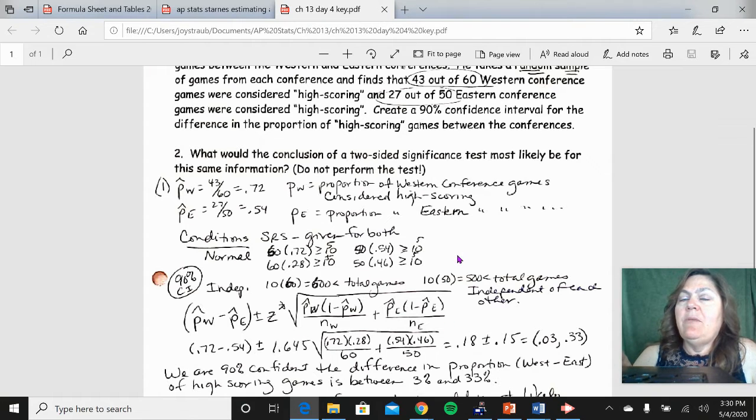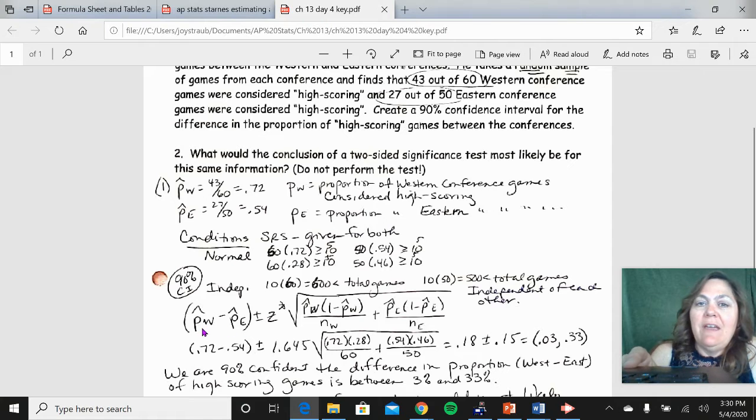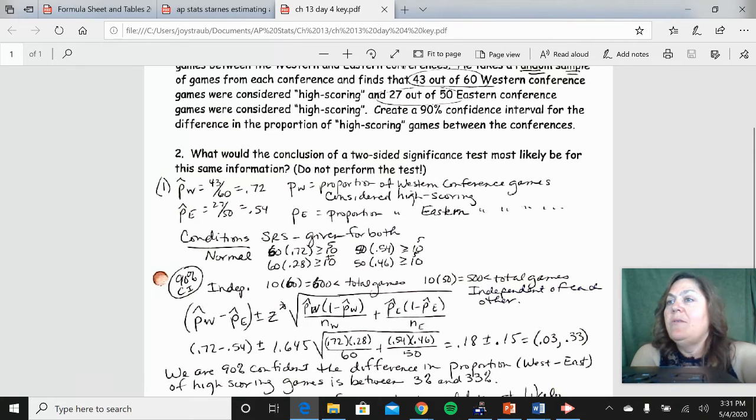And now we can move on to the do. Here I just stuck the formula in, and you can do the subtraction of the p-hats. Notice we're noticing the direction of the difference. I have west minus east here. When I do west minus east, I get a difference between here and here, so it's telling us that the Western tended to have higher percentages.